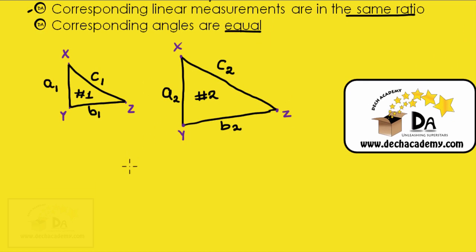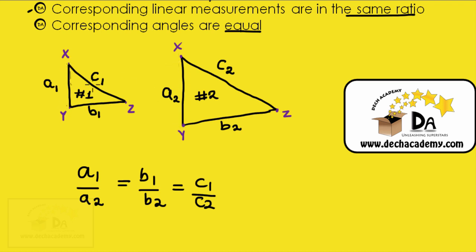So these are two triangles. The first condition for similarity will be satisfied if A1 divided by A2 is equal to B1 divided by B2, which is equal to C1 divided by C2. So we have corresponding sides.